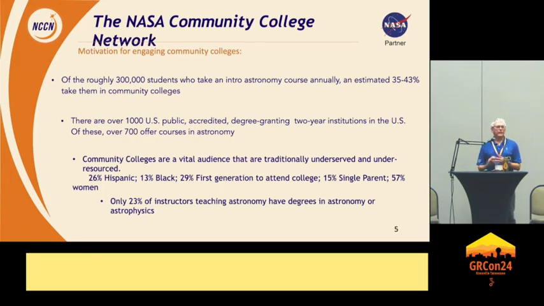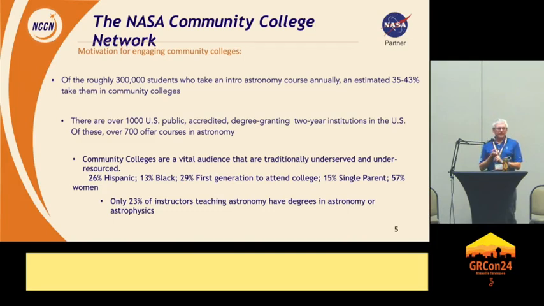So this is a very, very large population. That makes about 700 colleges throughout the US teaching introductory astronomy. What's important, though, is that the resources for most of these colleges, not all, but most of them, are very, very limited. And yet they're reaching an incredibly important demographic in the United States.